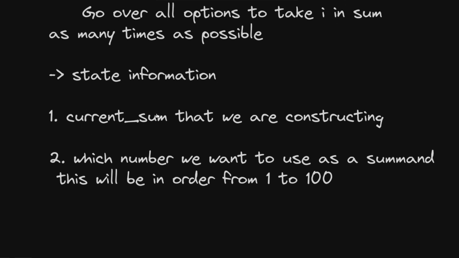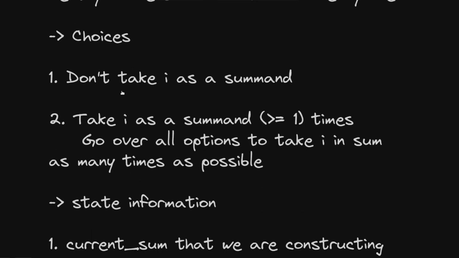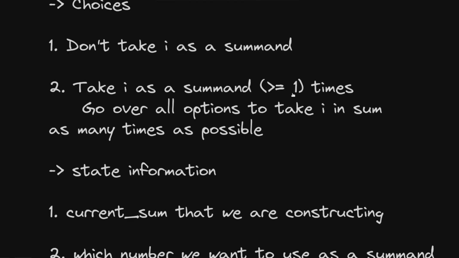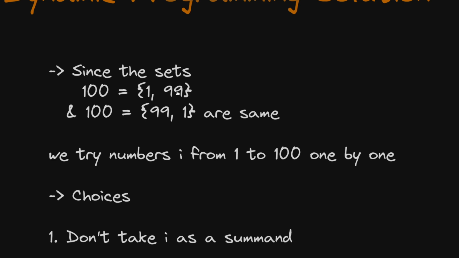So this is the first piece of information that we need to store in the state, and the second one is which number we want to use as a summand. As we saw earlier, we were initially taking 1, then we went on to 2. Let's say we didn't take it as a summand. We said we don't want to take this as a choice and move to the next one, 2, 3, until we reach 99, and then we said that we want to use this number.